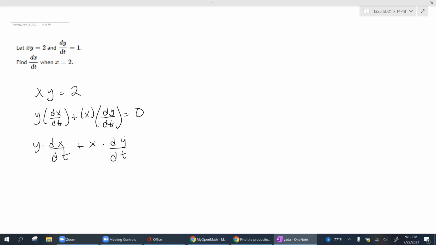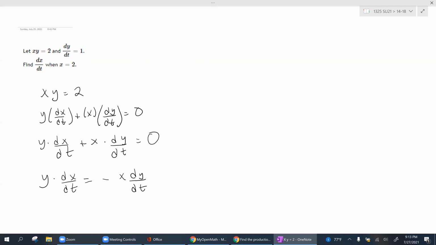They give me a few values. They give me what dy over dt is, that is 1, and they want me to find dx over dt. So let's isolate dx over dt, that's what I'm trying to solve. I'm going to subtract this from both sides. So this gives me y times dx over dt is equal to negative x dy over dt.